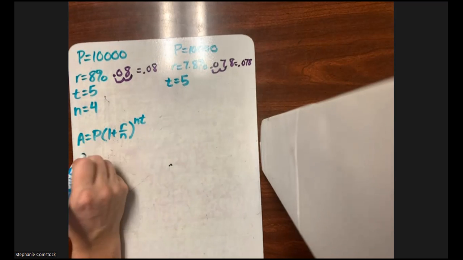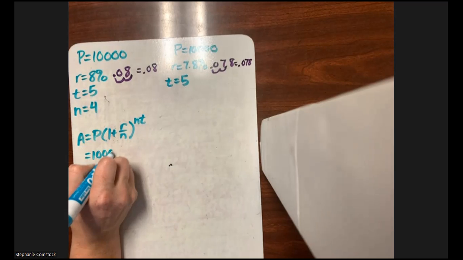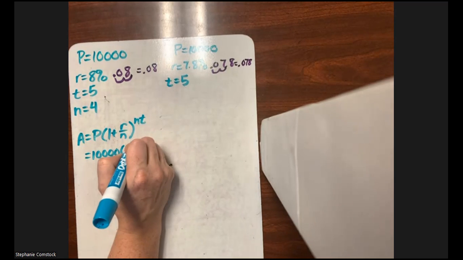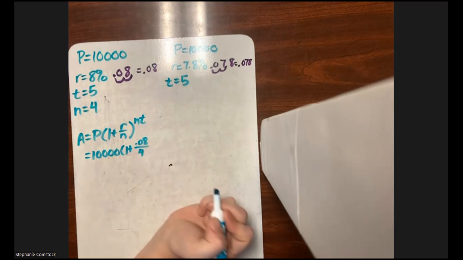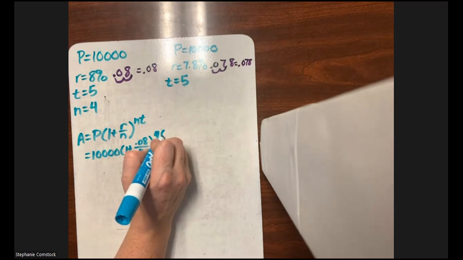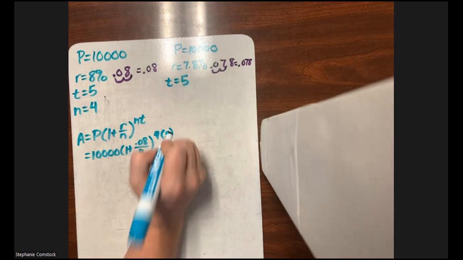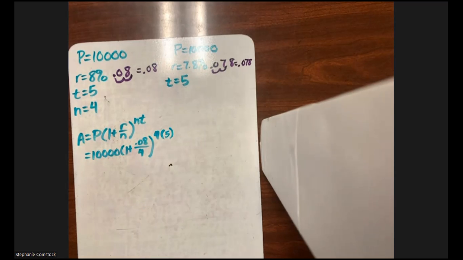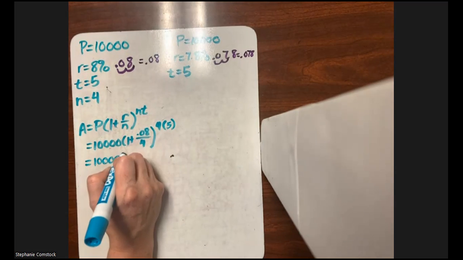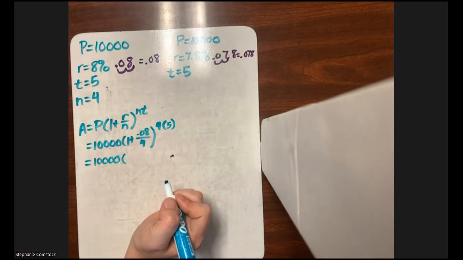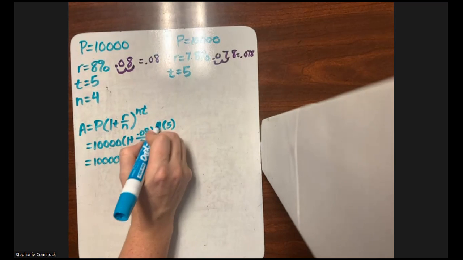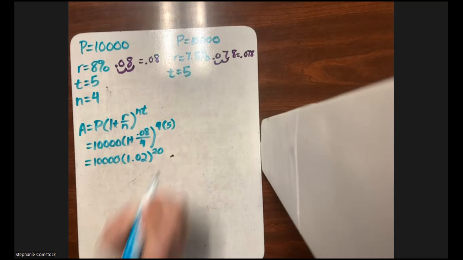So let's talk about putting all this in. It's going to be 10,000(1 + 0.08/4)^(4 times 5). Now I'm going to clean this up a little bit before I push it to a calculator. I'm still going to have my 10,000 up here on the front. 0.08 divided by 4 is going to be 0.02, so this is going to be 1.02. 4 times 5 is 20.